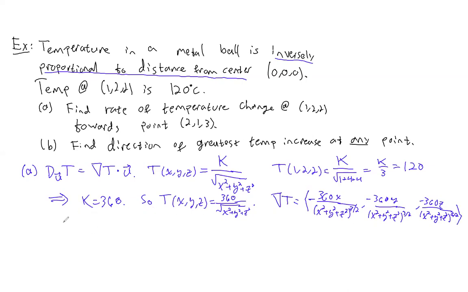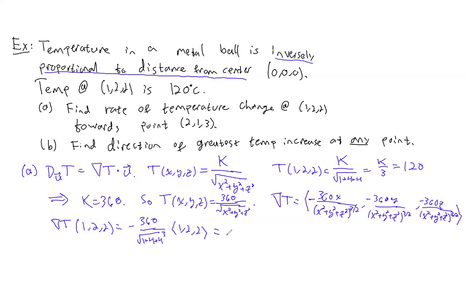In particular, that means that the gradient of T at the point 1, 2, 2 would be negative 360 over the magnitude cubed, which in this case would be root 1 plus 4 plus 4 cubed, or 27, times the vector 1, 2, 2.